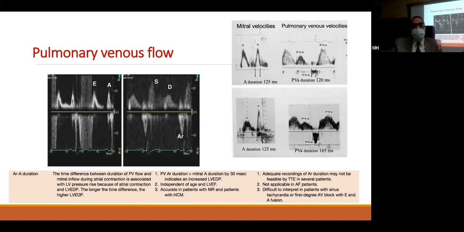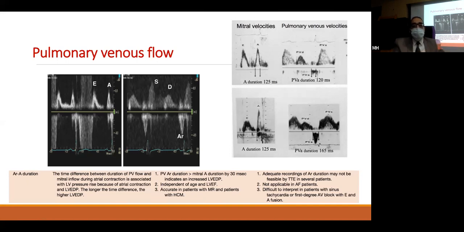In the apical four chamber, you get a good view and put the sample volume in the right upper pulmonary vein, within the pulmonary vein, and see the S here. You have the S, this is systolic, and this is diastolic. So this is S, D, and this is the atrial reversal, the reversal of flow that happens from the left atrium to the pulmonary veins during atrial contraction.